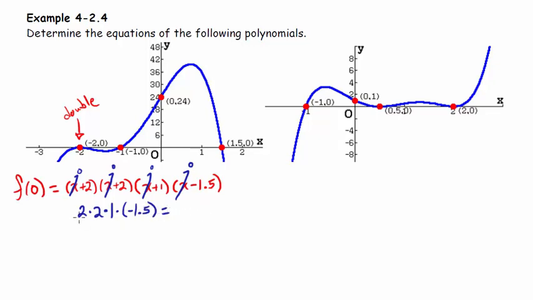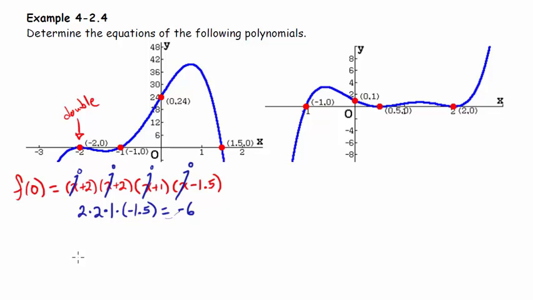Alright, so what does that give me? 4 times -1.5. Would that be -6, I think? Let's see, 2 times -1.5 would give me -3. -3 times 2 would be -6.